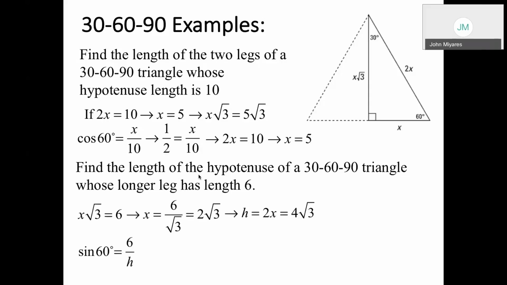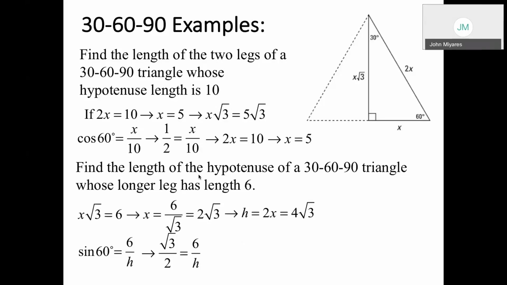Alternatively, we could use SOHCAHTOA to say that the sine of 60 degrees in the corner will equal the opposite side 6 over the hypotenuse h. Knowing what those lengths are generally supposed to be in a 30, 60, 90 triangle, we could turn the sine of 60 degrees into the square root of 3 over 2, which is x root 3 divided by 2x with the x's canceling, and set that equal to 6 over h.